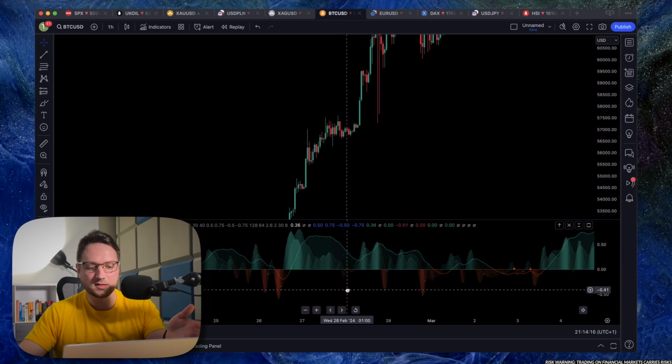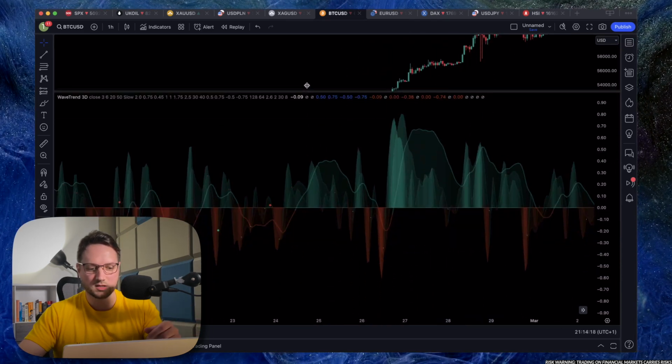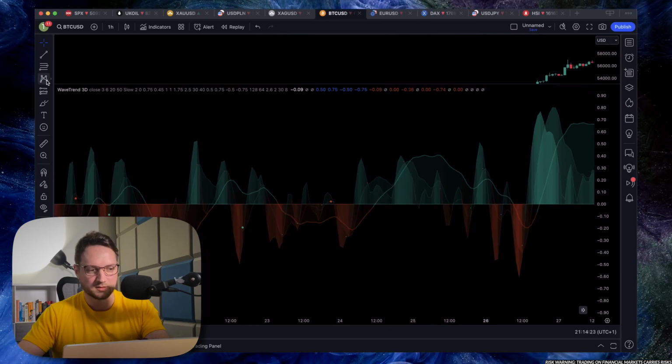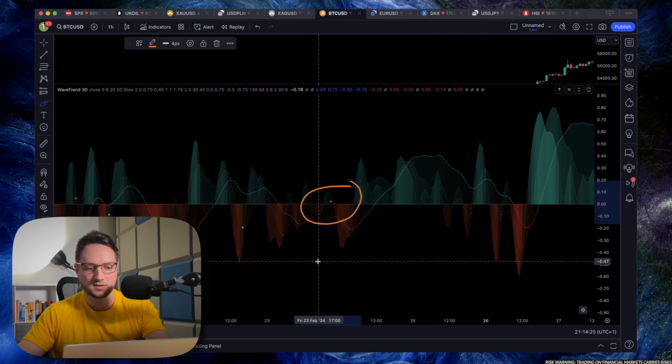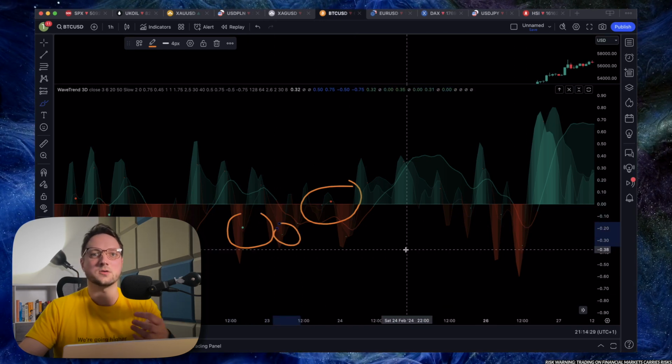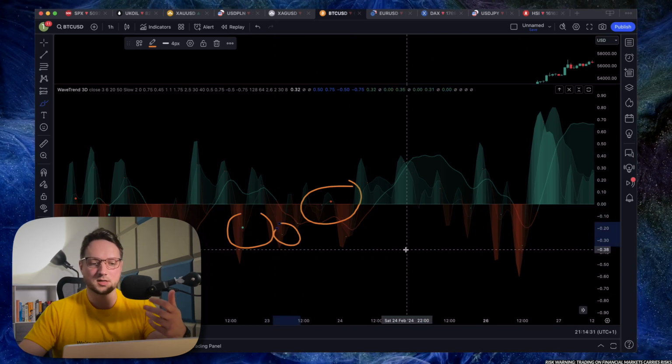And then the second thing, let me make it bigger, it shows us those dots. Let me mark it. Some dots are bigger, some are smaller, and all those are of course signals to enter a trade.